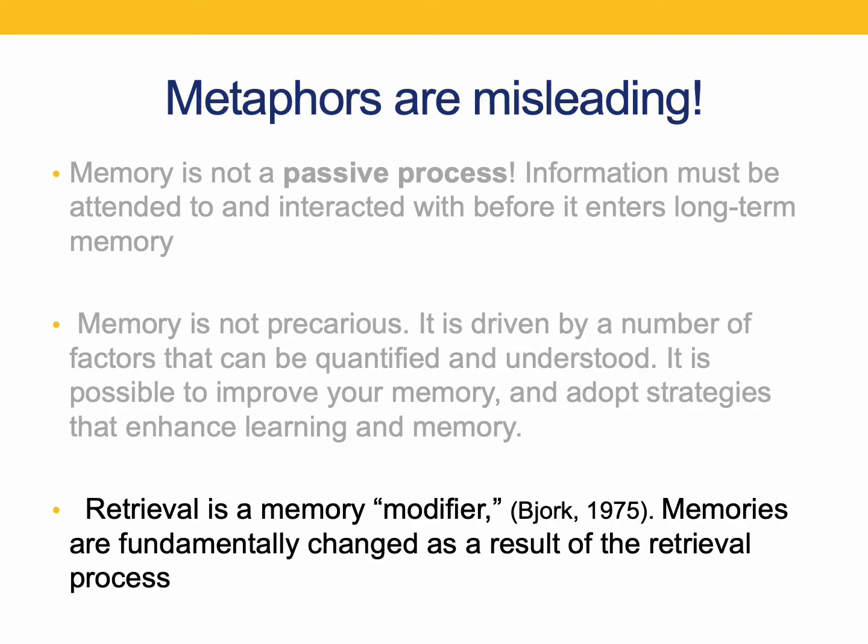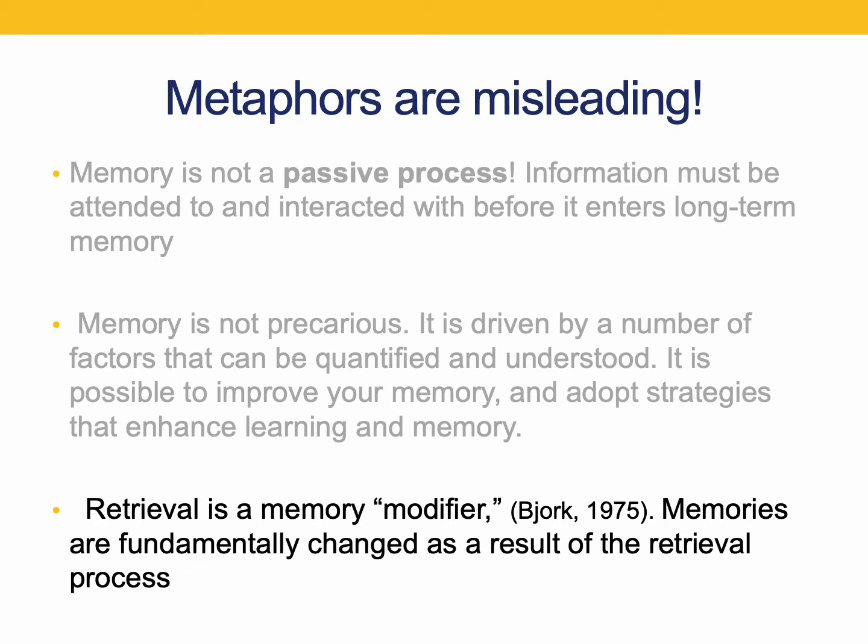And the final bullet point that I alluded to in my title, The Promise and Perils of Memory Retrieval, is that retrieval is a memory modifier. Memories are fundamentally changed as a result of that retrieval process, right? So I'm just going to review what I said at the beginning of the video.